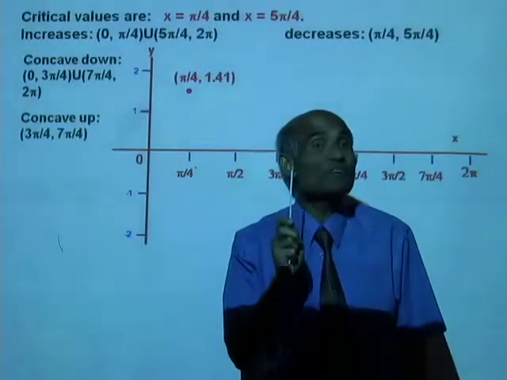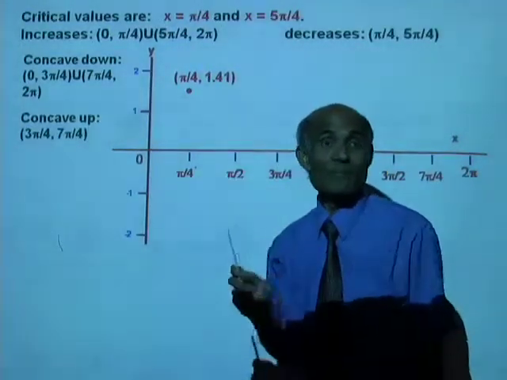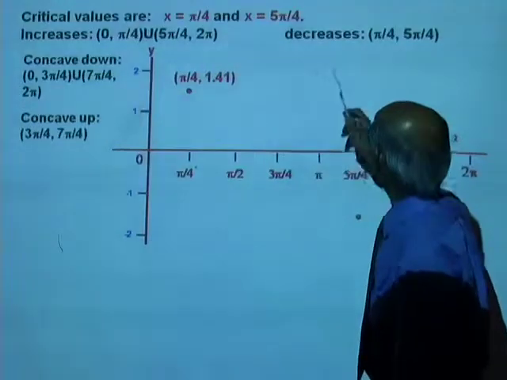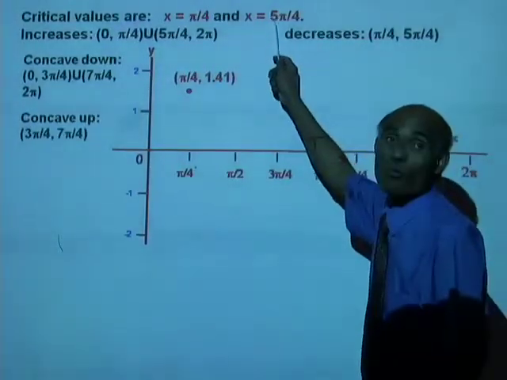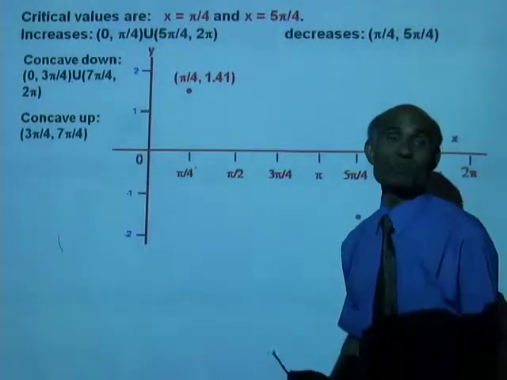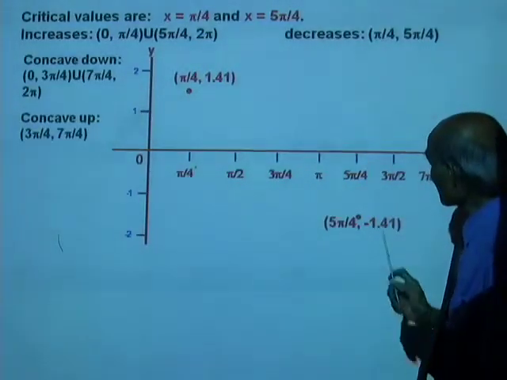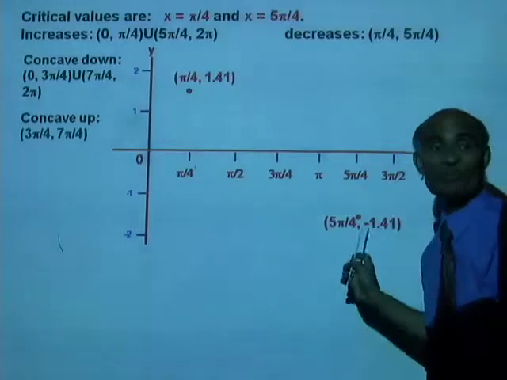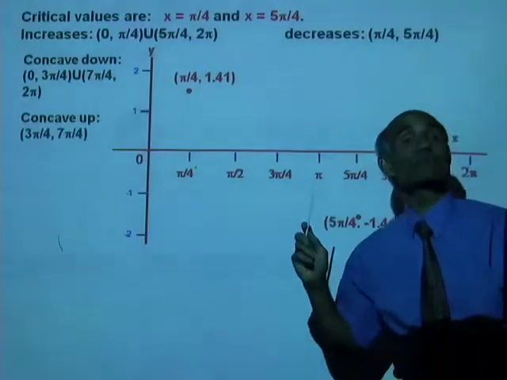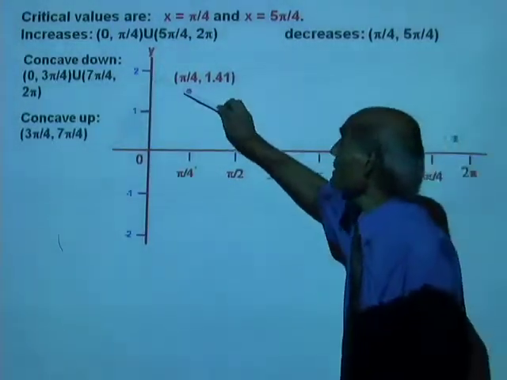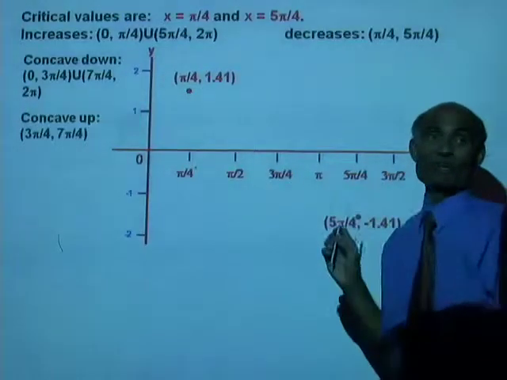It is a relative maximum. Similarly, find the function value y1 when x equal to 5 pi by 4, and that is negative 1.41. That is a relative minimum. So you have the relative maximum, relative minimum.